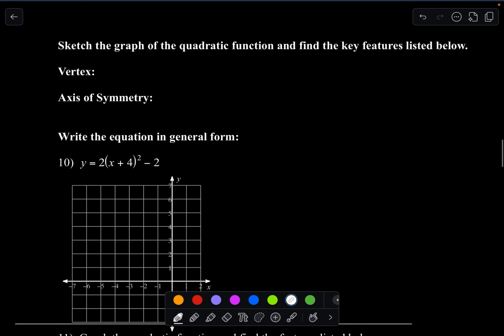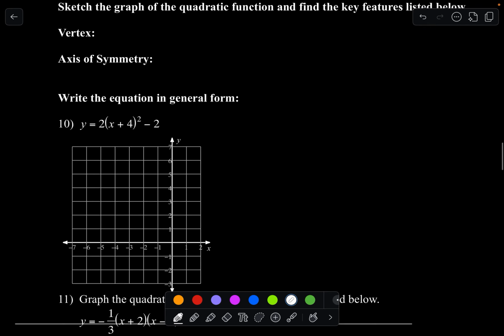It asks you to sketch the graph of the quadratic function. So this is in vertex form. We know our vertex is going to be at (-4, -2). Remember, your x's are liars, so if it's x plus 4, it's -4. So we can count over 1, 2, 3, 4, and down 1, 2.